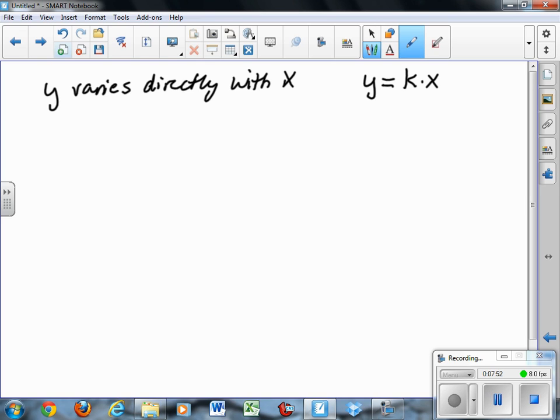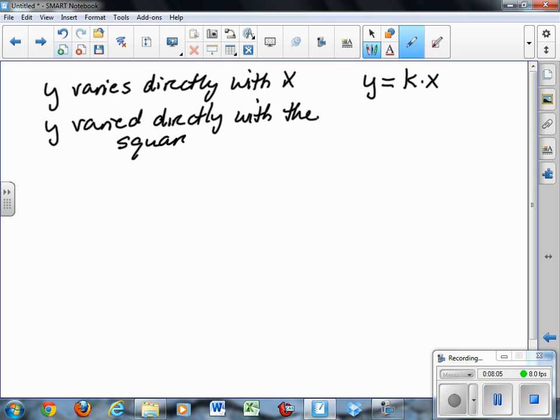Y varies directly with the square of x. So we're going to say y is equal to some constant times x squared. Notice that's just a power function. Those are power functions.